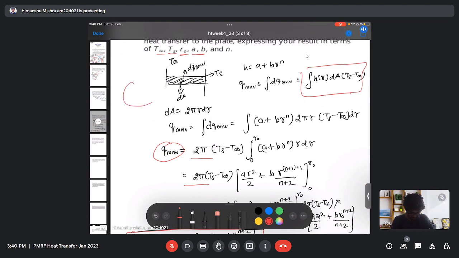This is my circular sheet, and imagine there is a gas above it which is flowing, and there will be heat transfer from this gas over the entire circular area. So my area will be pi r squared. If I write it in a differential form, it becomes 2 pi r dr.